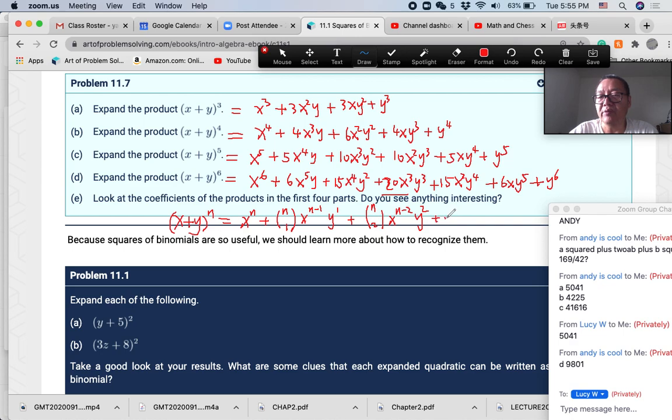Then keep writing, this last one will be y power n. If I write this in the compact form, that will be the sum of n choose k, then x power n minus k, then times y power k, with k from 0 to n.